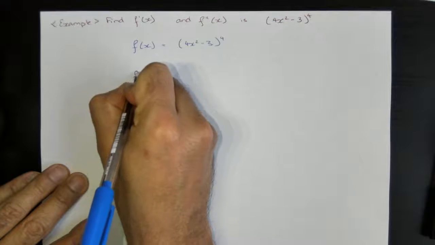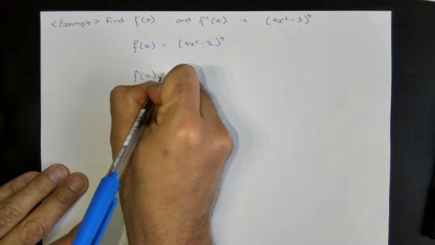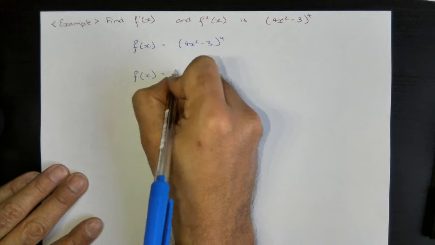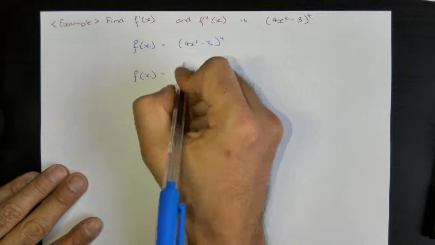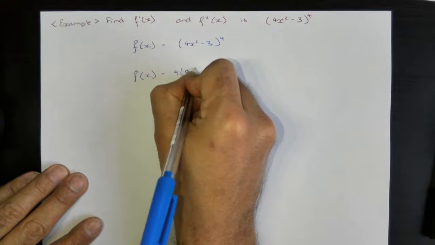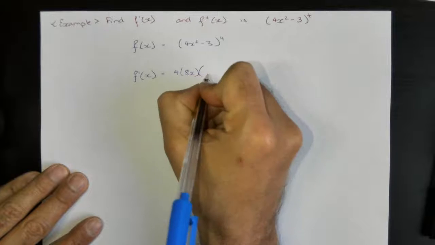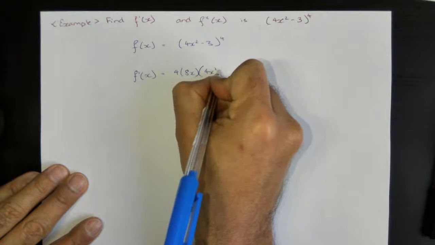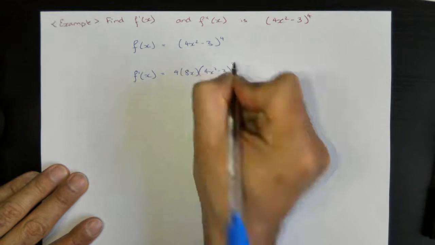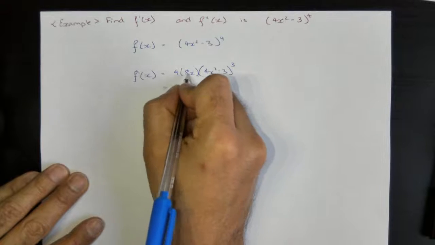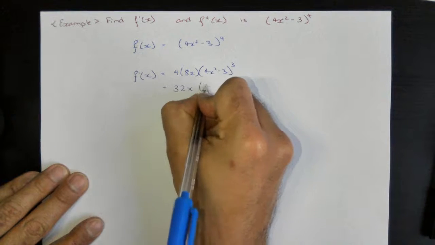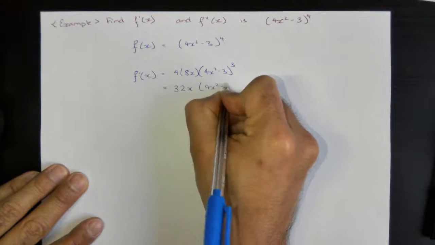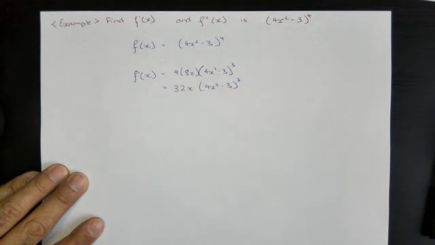So if I'm going to differentiate it once, I bring the power down, and I multiply that by the differentiation of this, which will be 8x. And then keep this, and the power decreases. So it works out to be 4 lots of 8 is 32x times 4x squared minus 3, cubed.